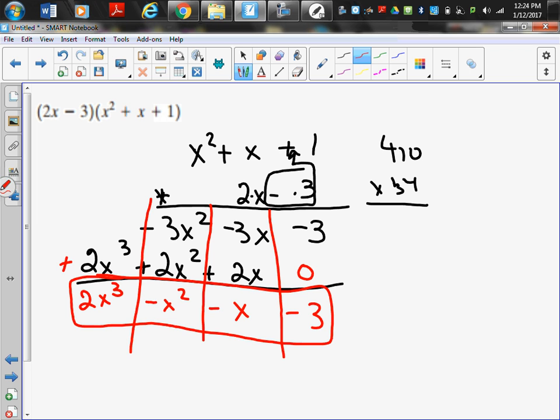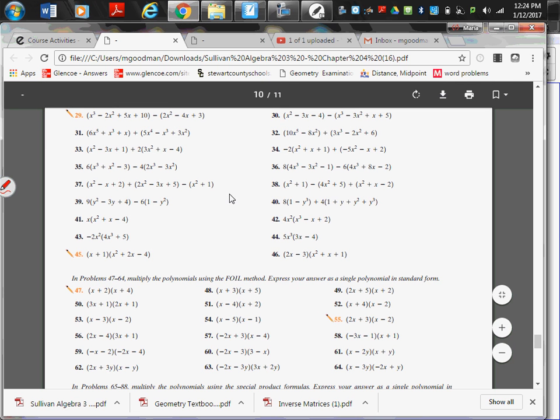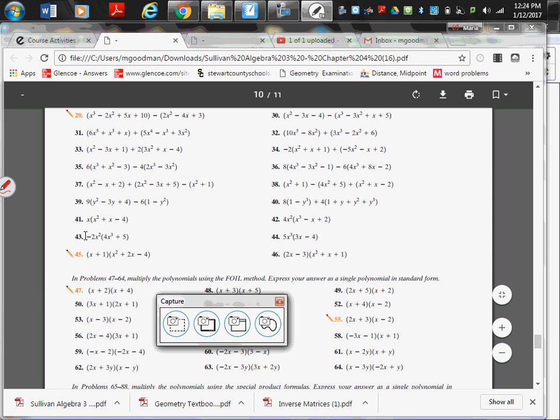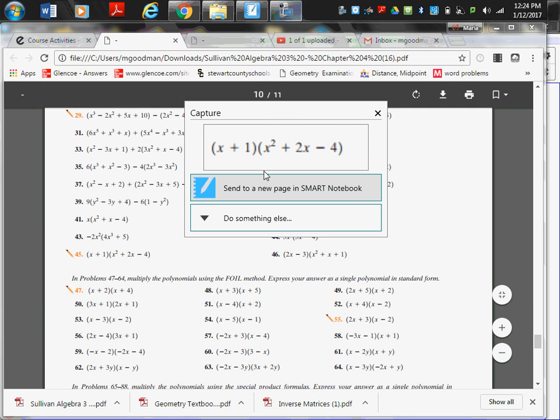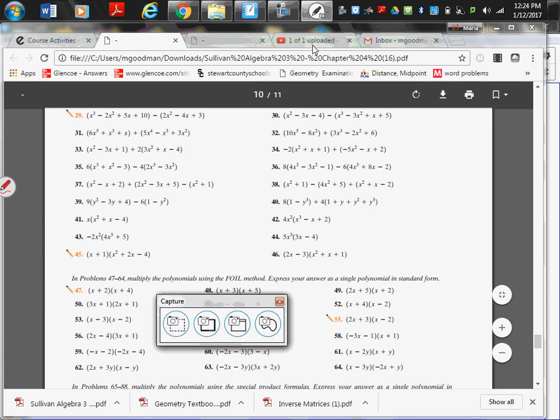I got some puzzled looks. Can we do another one? Yes, ma'am. Multiplication of polynomials. All right, let's look at this one.